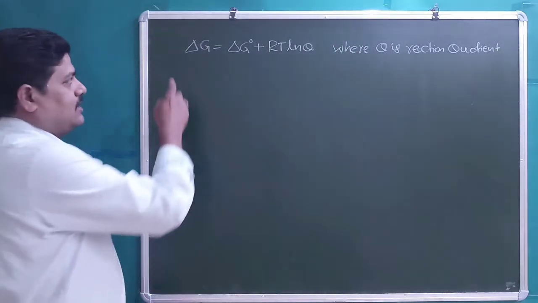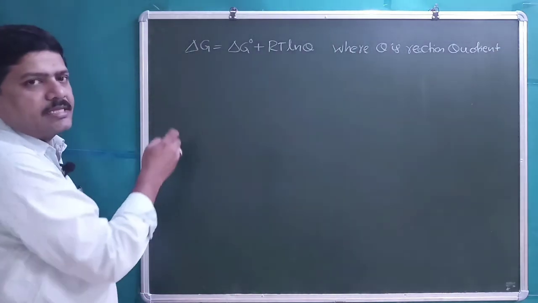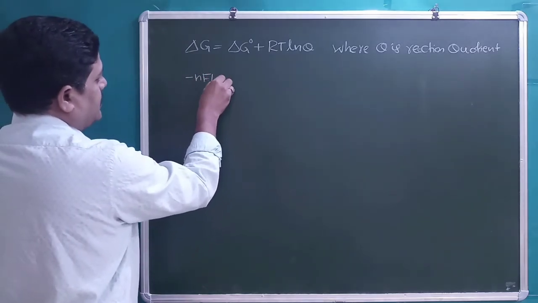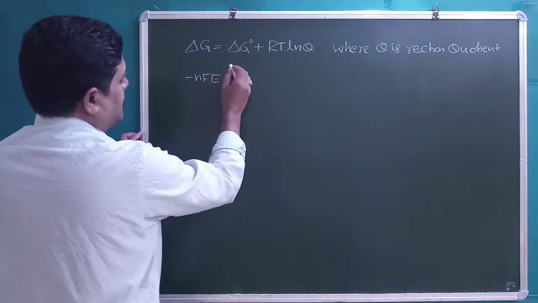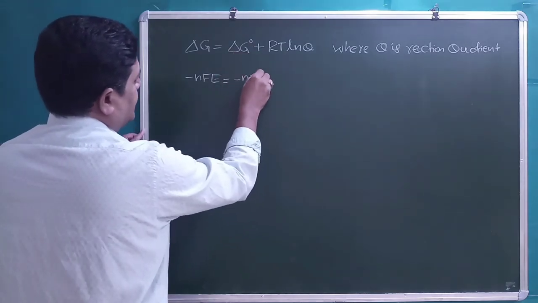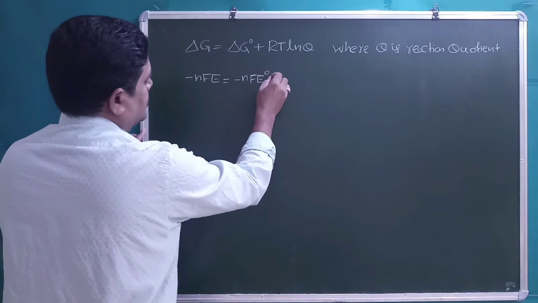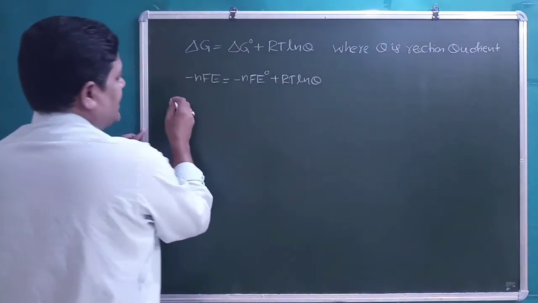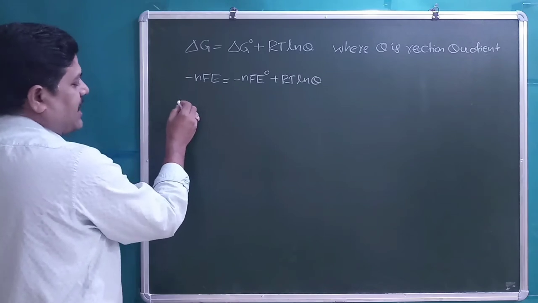Earlier we got delta G is equal to minus nFE. Let us substitute that. Minus nFE is equal to minus nFE naught plus RT ln Q.